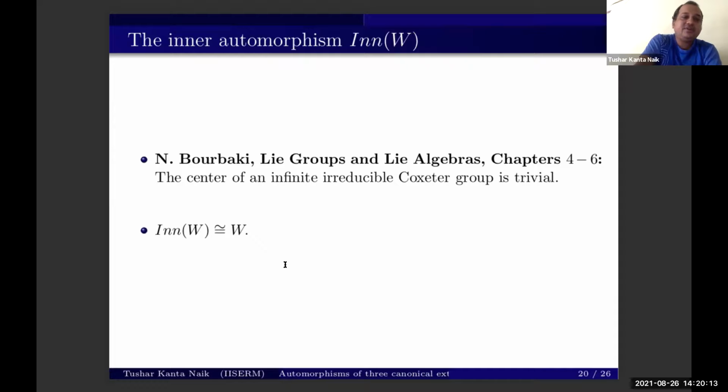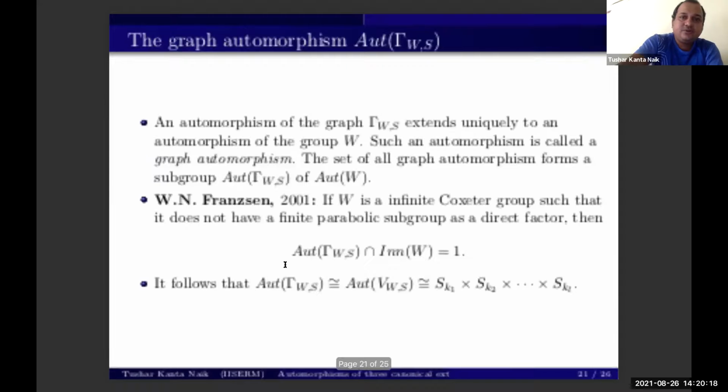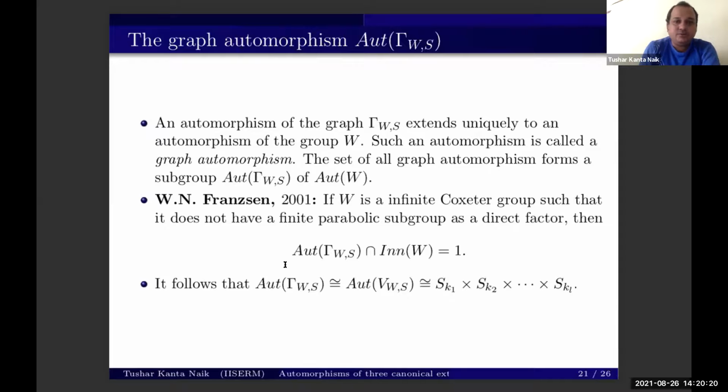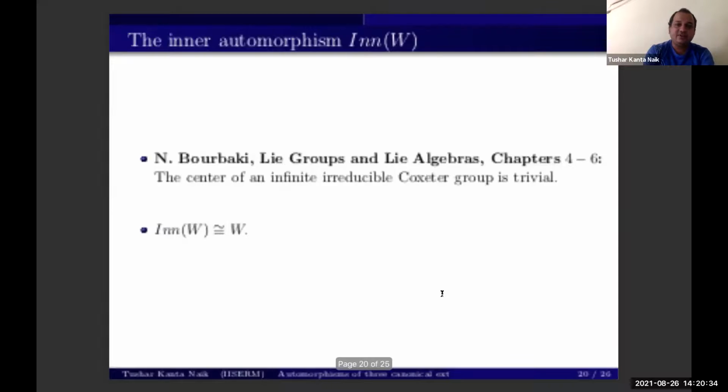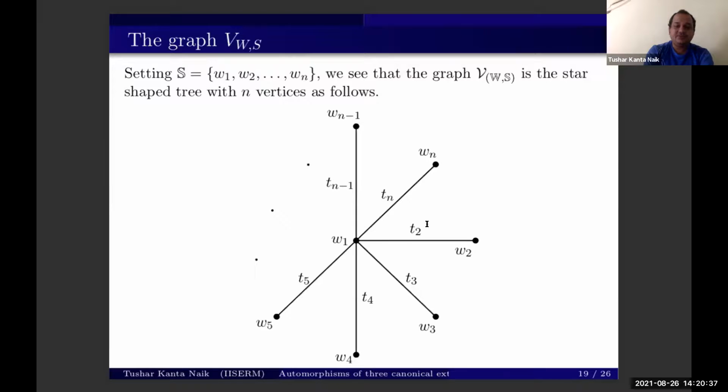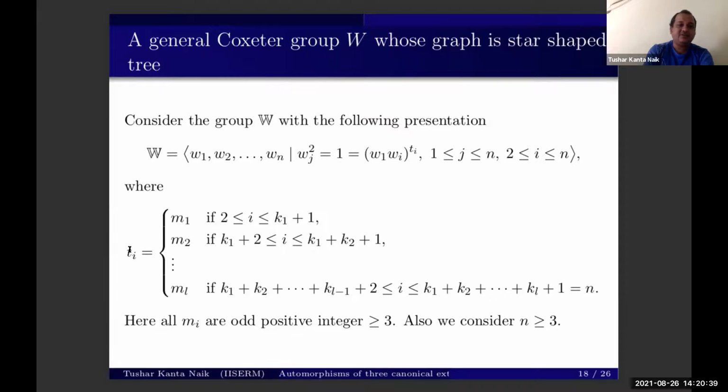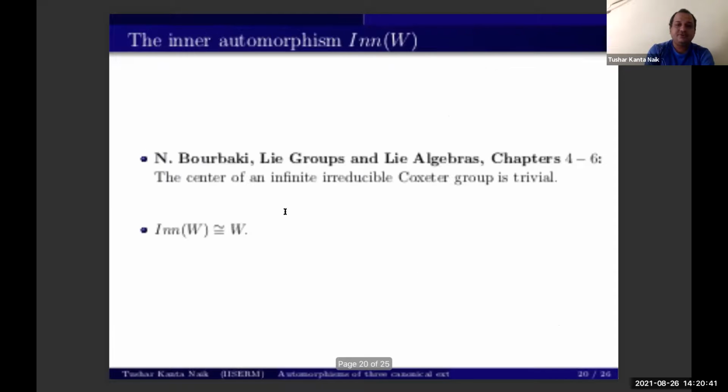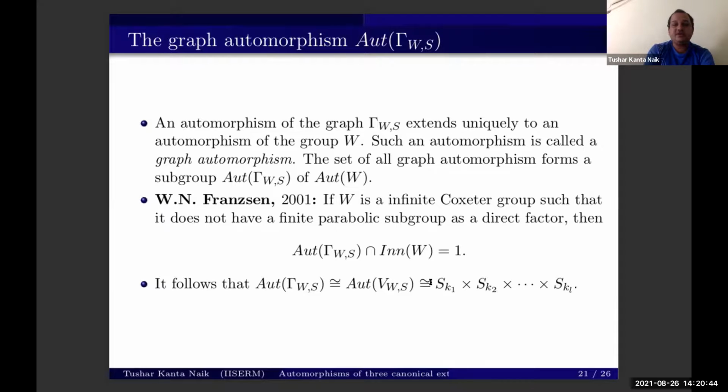And with this, we claim that the inner automorphism group of W is isomorphic to W. Now moving forward, an automorphism of the graph extends uniquely to an automorphism of the group W. And in this case, our graph automorphism group of this group is the direct product of S_k1, S_k2, up to S_kl, where the ki are the multiplicities of the Ti. So this graph automorphism group happens to be the direct product of these symmetric groups.